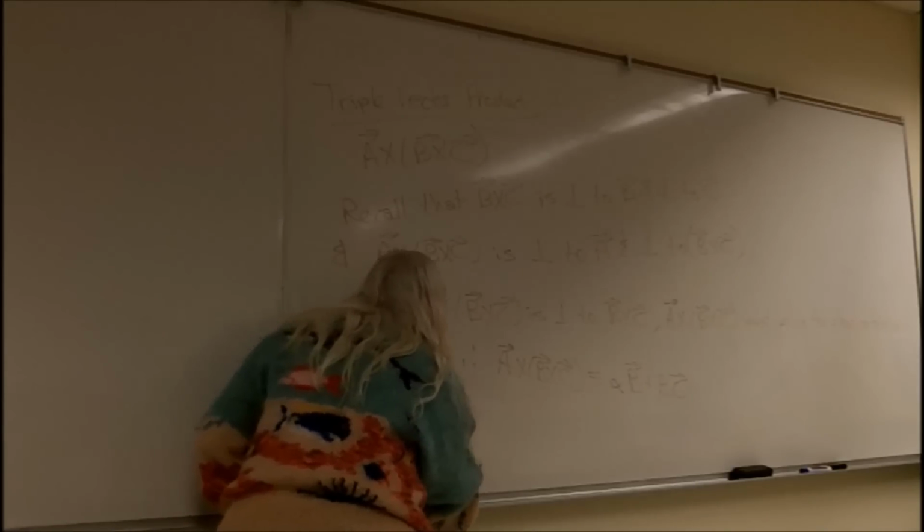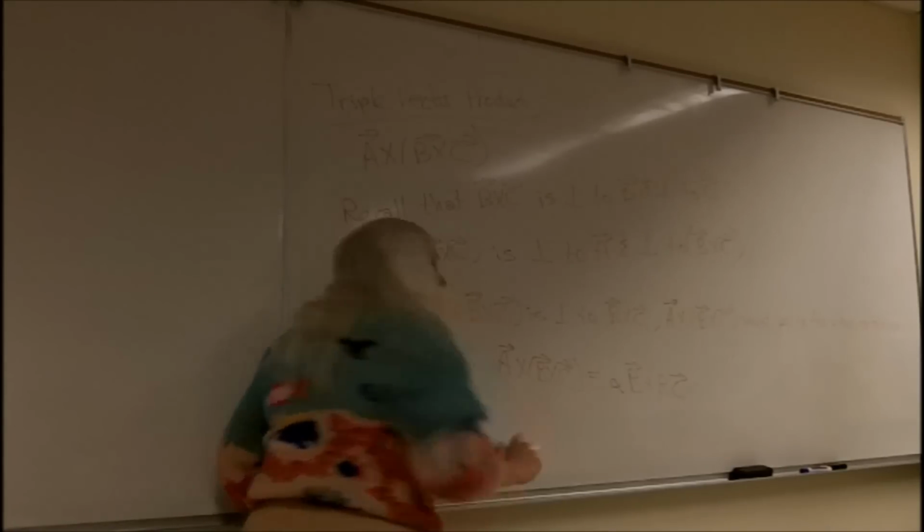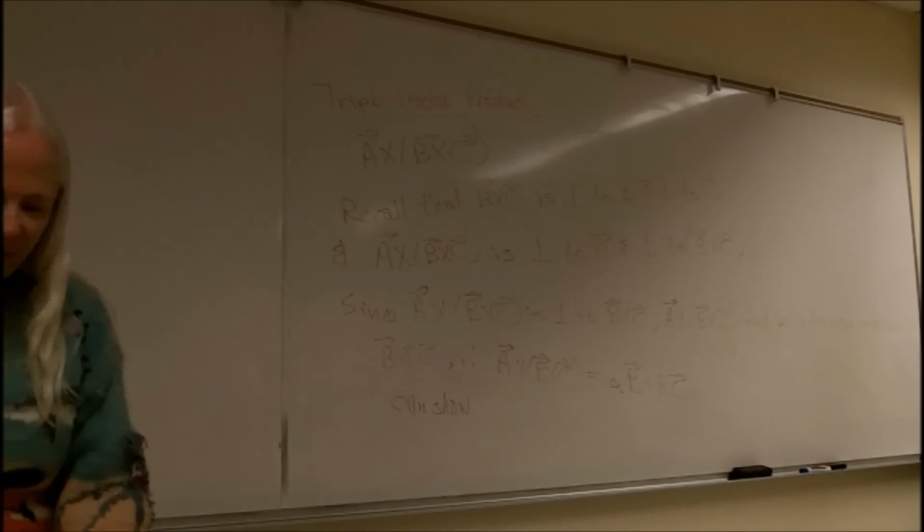Okay, so anyway, you can show, and again, I'm not going to take the time to do this because it involves a lot of algebra where we write down components of all these things. And I'd rather spend that time doing other things that I think are going to be more important for us.